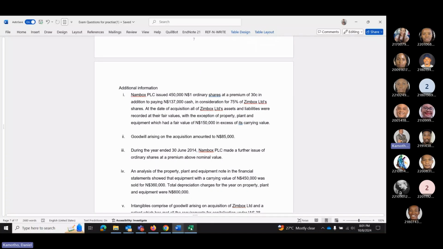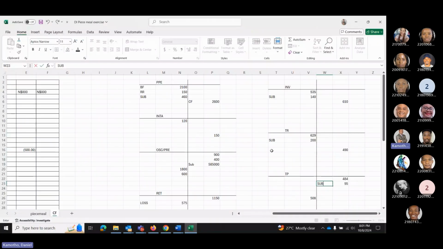So we need to show that goodwill, which is part of the intangible. There will be acquisition of the subsidiary, which will have brought 85 there, which will add to the intangible asset.